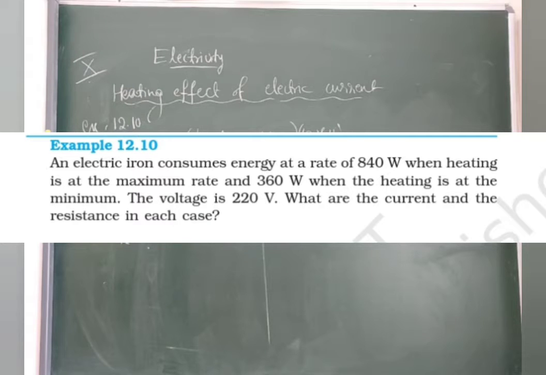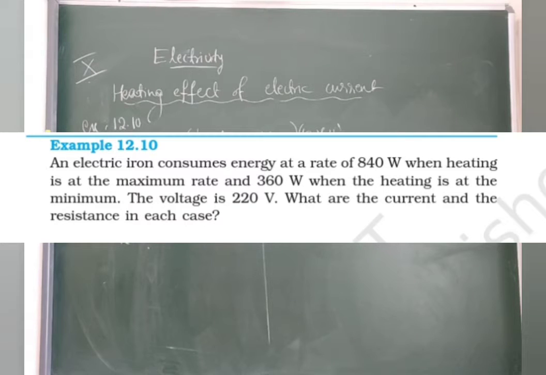So an electric iron consumes energy at a rate of 840 watt, that is P is equal to 840 watt, when heating is at maximum rate, and 360 watt when the heating is at minimum. The voltage is 220. What are the current and the resistance in each case?